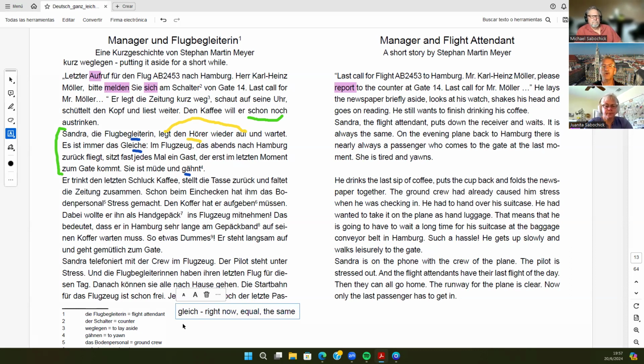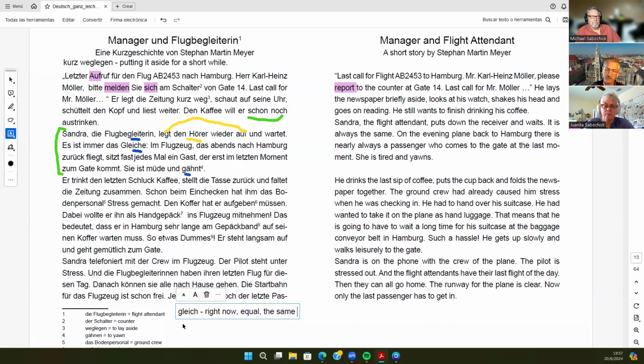So now this is called Nominalisierung, which means we make out of an adjective, or in this case, gleich would be an adverb, a noun.